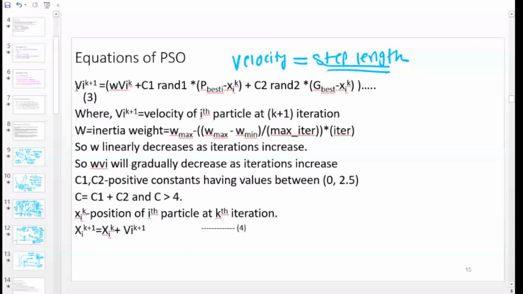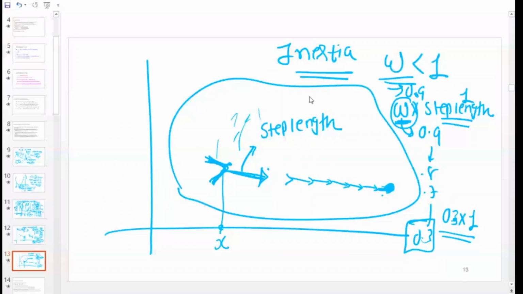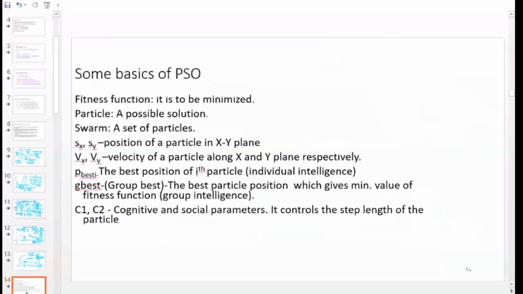So velocity of every particle in k plus 1 iteration is equal to w into vik. This is the inertia into velocity, it means step length, which occurred in the kth iteration, right? This concept is similar to this one which I discussed here.